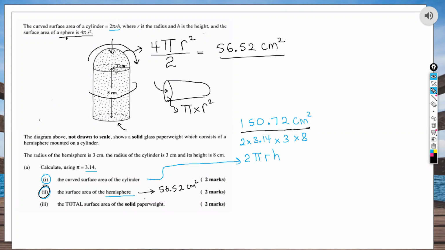If the radius on top is 3, you can bet all your money that the radius underneath is also 3. So it's 3.14 multiplied by 3 squared. Whatever we get, we're going to add it to this one and this one, and you get the total surface area. Because to me, it's part of the surface, like if it falls over or whatnot.